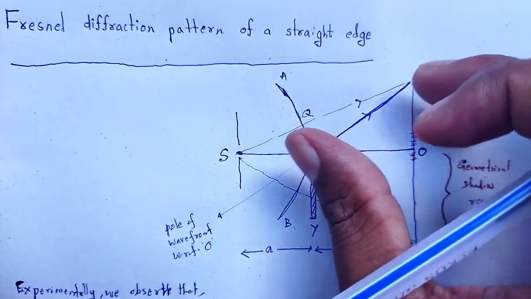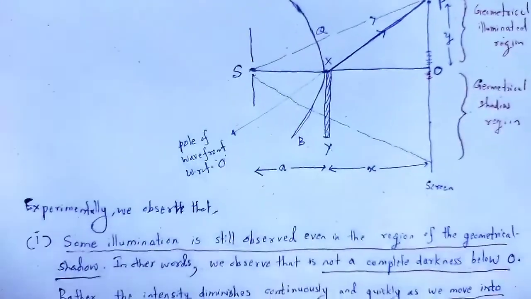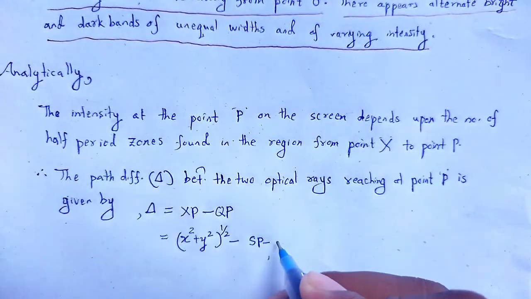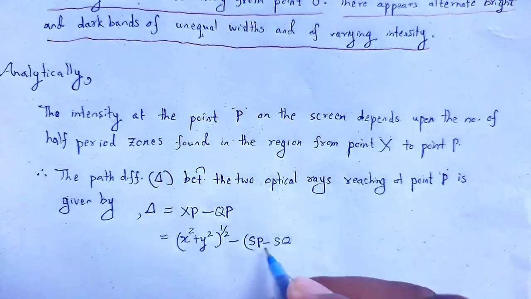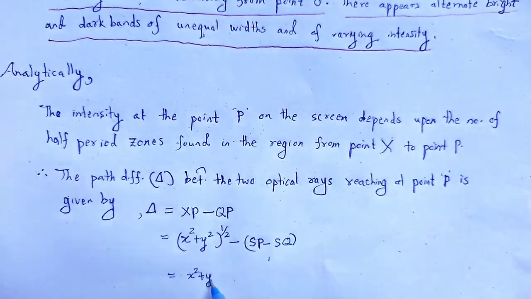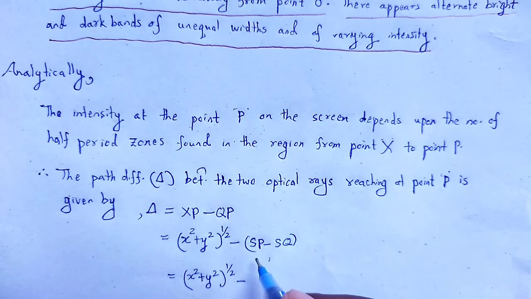QP is equal to SP minus SQ, which is equal to x square plus y square to the power half minus SP.